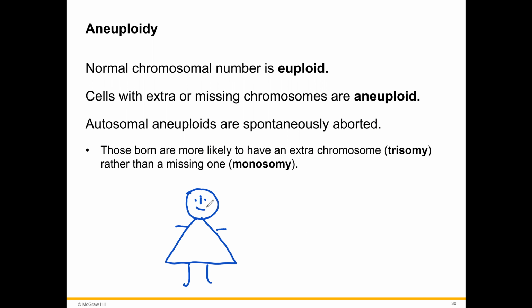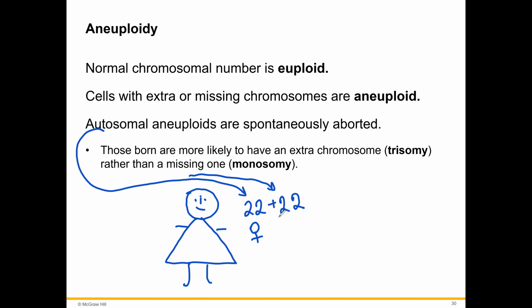So if you take cells of her body, and you look at the chromosome number, you will find 22 chromosomes plus 22 chromosomes. Those are called autosomes. Now, why do we have 22 and 22? Because this 22 came from her mother and this 22 came from her father.